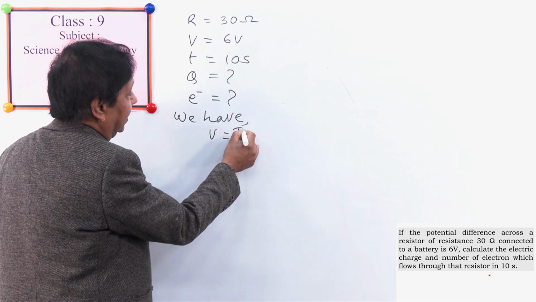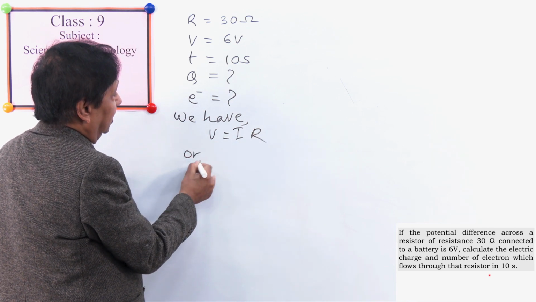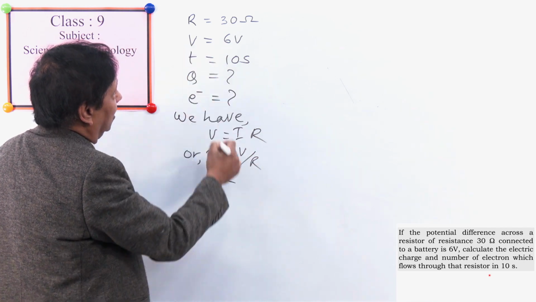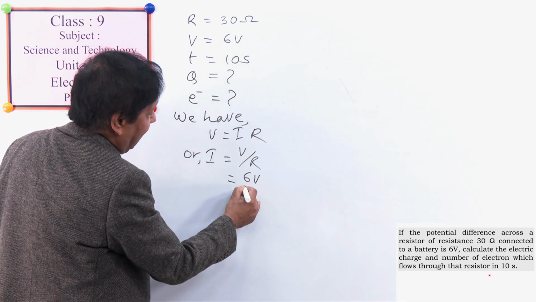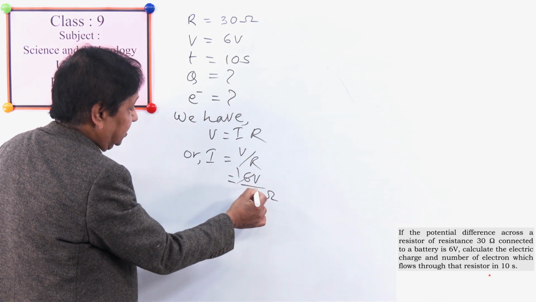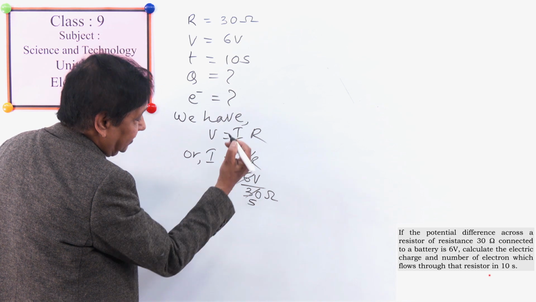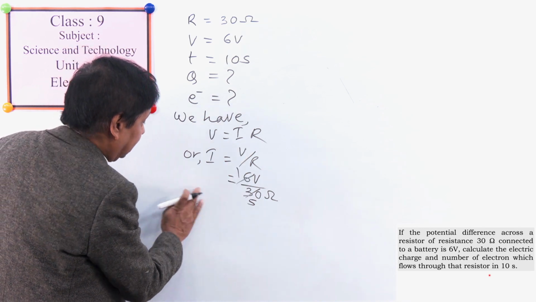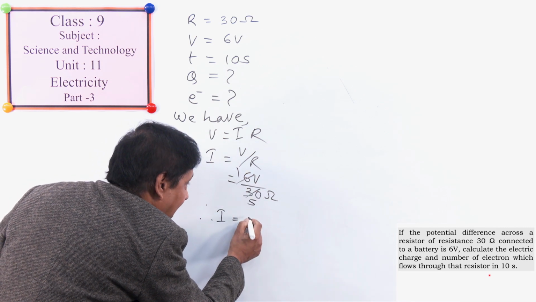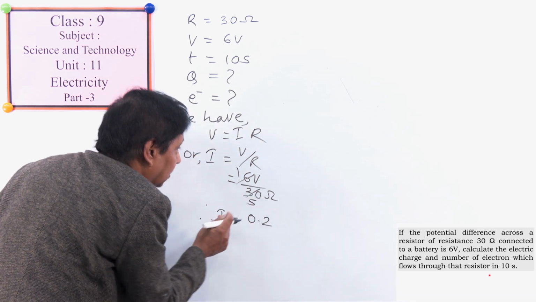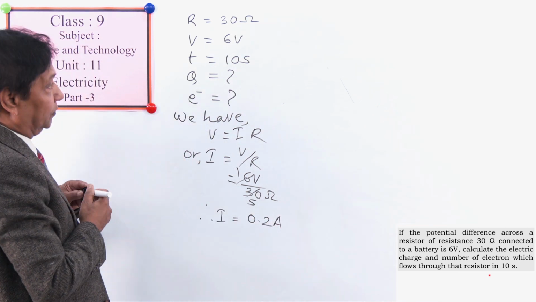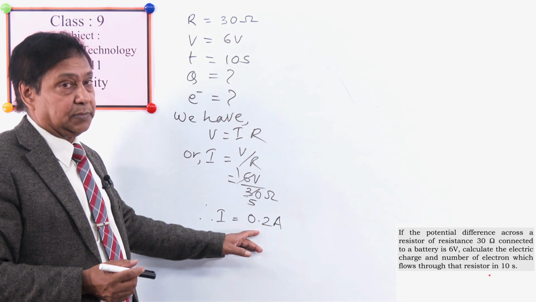V equal to IR, and certainly I is equal to V by R. Now if we take the value of V, this is 6 volt and resistance is 30 ohm, then 6 ones are 6, 6 fives are 30, then current is equal to 1 divided by 5, which means 0.2, and the unit of current is ampere, that's why I am writing A. Okay, current is 0.2 ampere, but this is not the question.